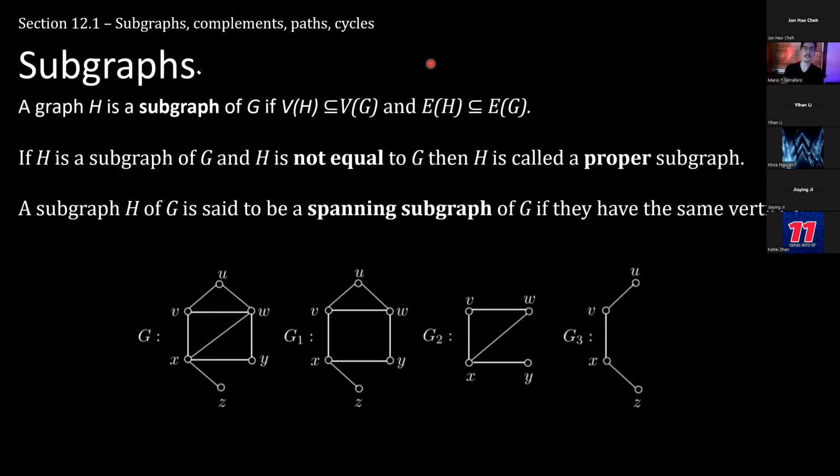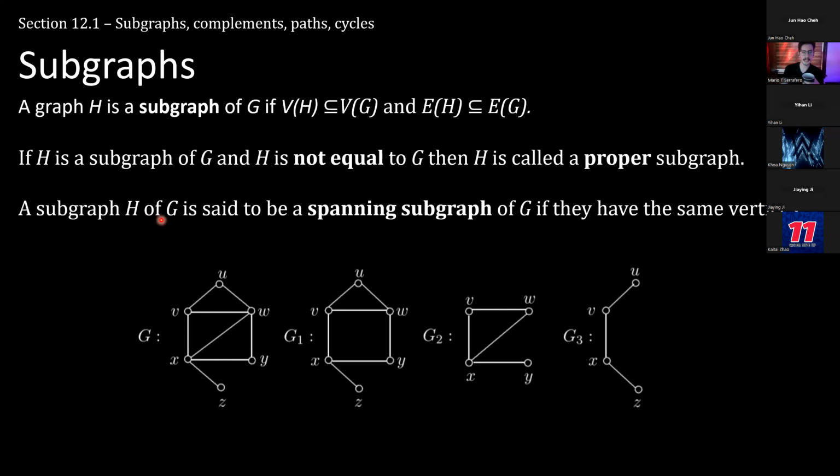Well, the answer is that if you have a graph G, you can have a subgraph H of G, such that the vertices of H are a subset of the vertices of G, and the edges of H are a subset of the edges of G. And if H is a subgraph of G and is not equal to G, then we call it a proper subgraph, in the same way that if you have two sets, one is a subset of the other, and they're not equal, then we say it's a proper subset.